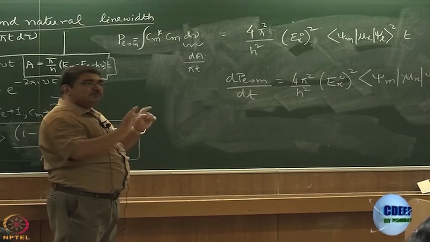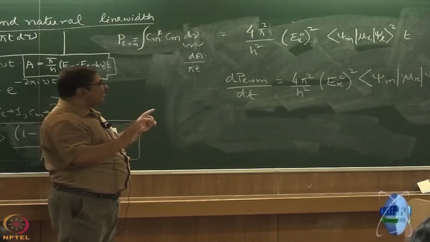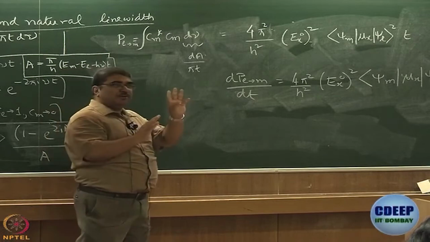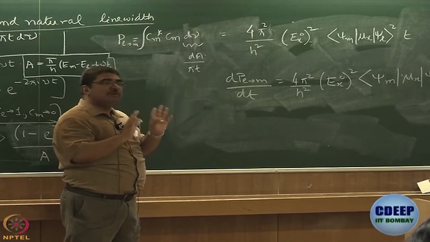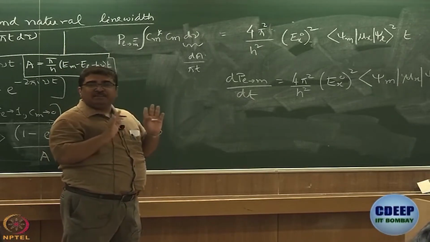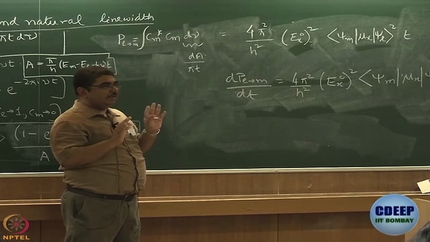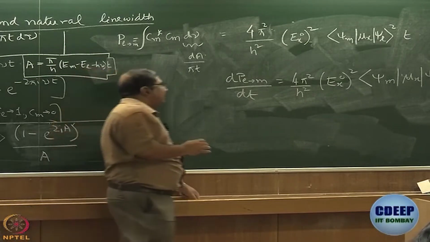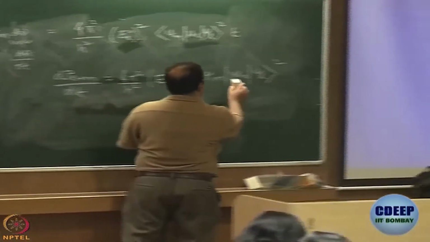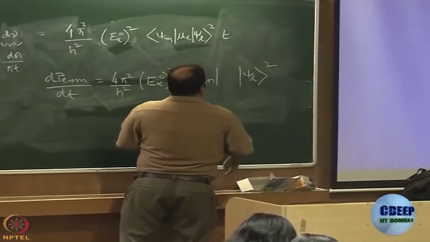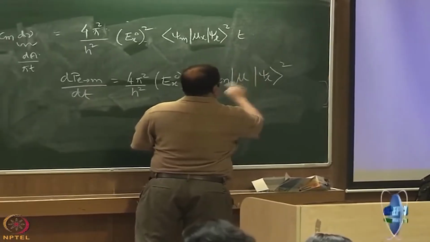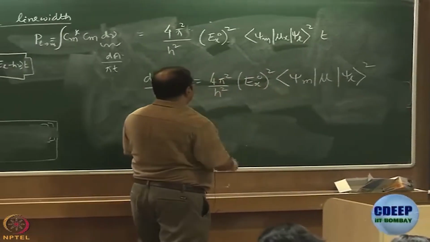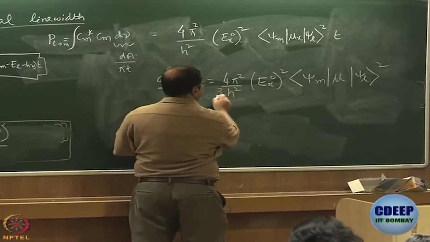So for isotropic radiation, you can just write mu x as mu divided by 3. That will take us a little closer to the expression that we are trying to get, and this is the general expression for the transition moment integral, don't forget.